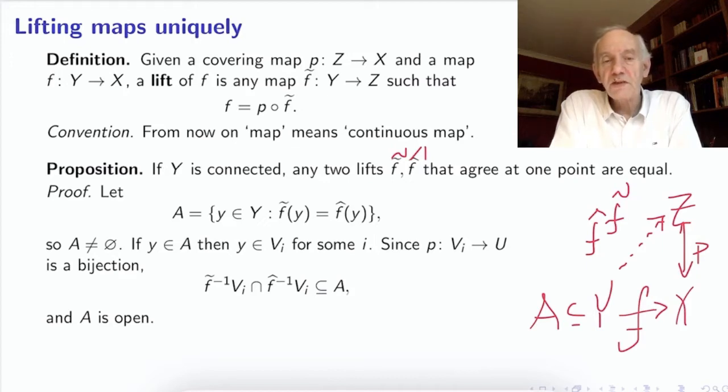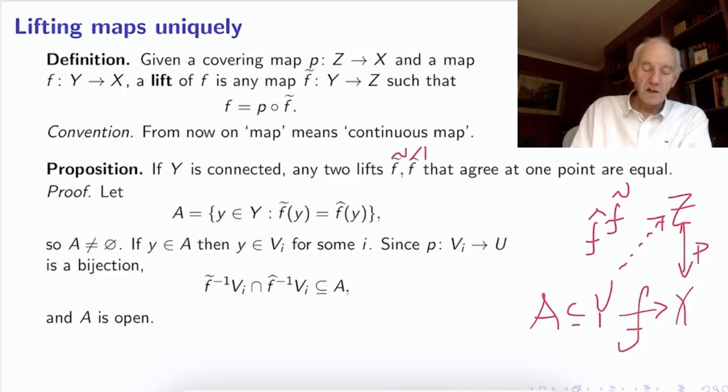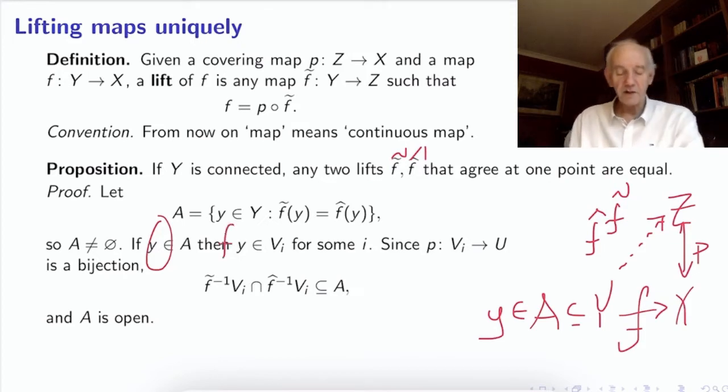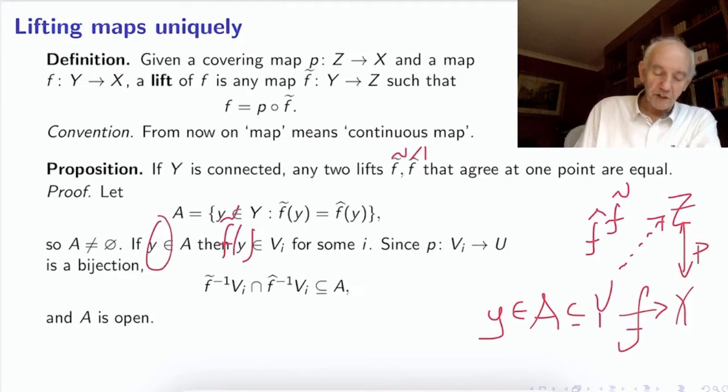So what's the idea? Since they agree at one point, say this point Y, they agree at one point of A. So the image of that point, this is not quite right, it should be F of Y. F tilde of Y would be in V_i, for some i, but they agree at that point.